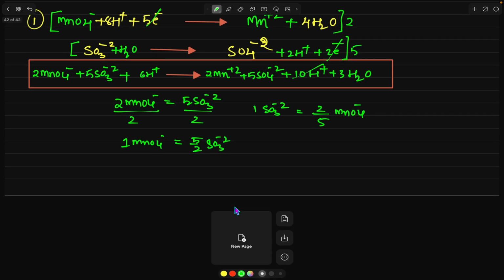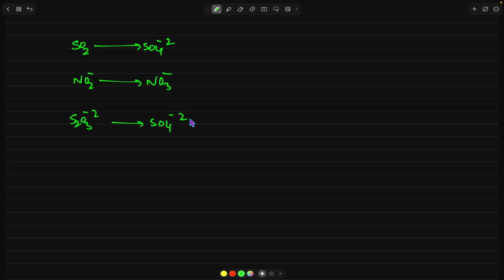Right? So regular reactions you have to write along with this, that is SO2 is oxidized to SO4 minus 2, NO2 minus is oxidized to NO3 minus, and S2O3 minus 2 is converted to SO4 minus 2.